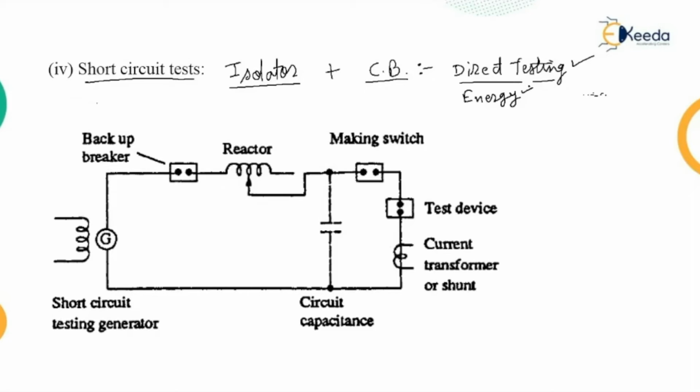That means the circuit breaker is connected in the network and that circuit breaker is checked. So this is done during a period of limited energy consumption or when the electrical energy is diverted to another section.